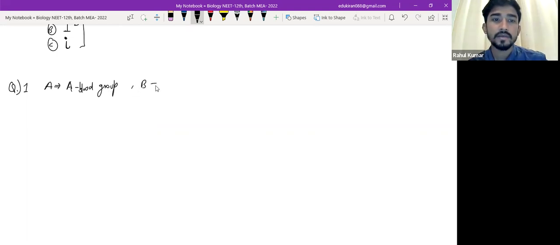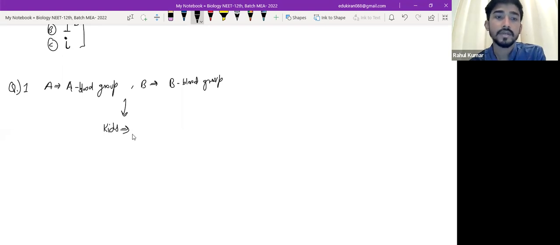And parent B has blood group B. Some of their kids had blood group O. You understood the question, everyone?